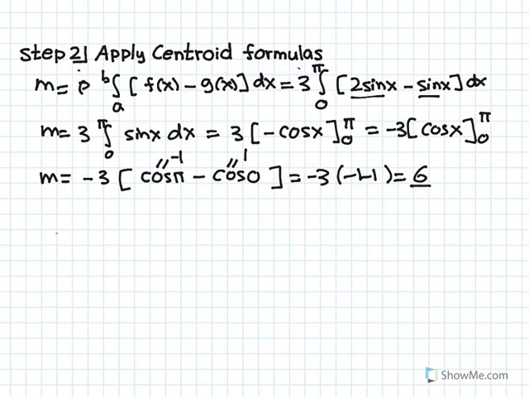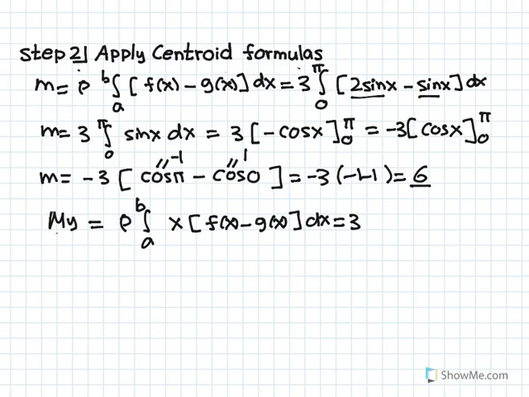This is the mass. Now let's look at the moment with respect to the y-axis. Rho, density, times integral a to b. The distance to the y-axis is measured by the x-coordinate, x times f of x minus g of x dx, which is the area element of the vertical slice. So this is equal to 3 times integral 0 to pi, x times 2 sine x minus sine x, the lower function, times dx.